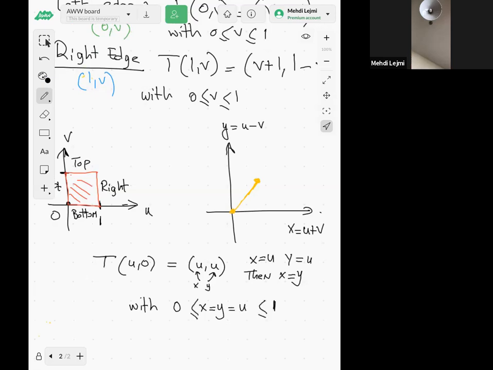In the bottom edge, U is between 0 and 1. So this is 1 here, and this is 1. The image of the bottom edge would be this diagonal, y equals x, with x and y between 0 and 1.